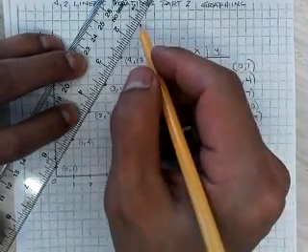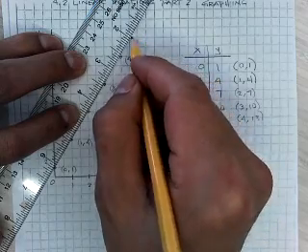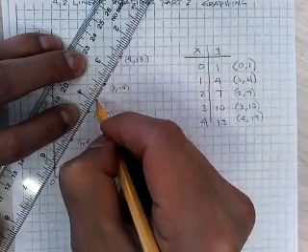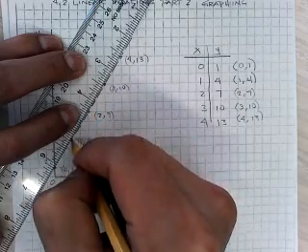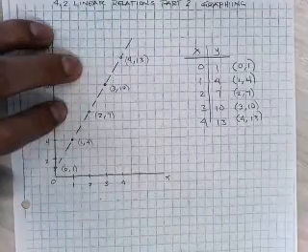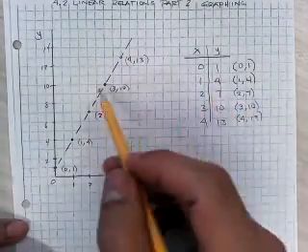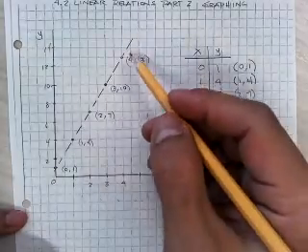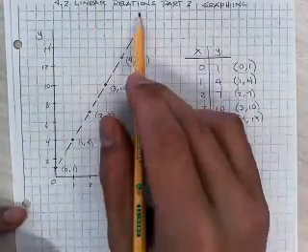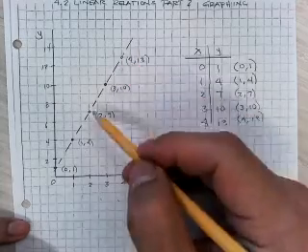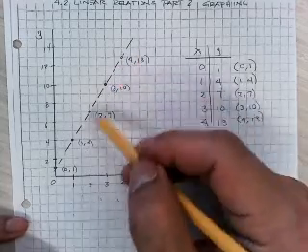So now I'm going to connect these points, but I'm going to use a broken or dotted line, because I can only assume that these are discrete data. Later on, part 4 of this 4.2 linear relations is talking about why we should use a dotted line or why we should use a solid line.